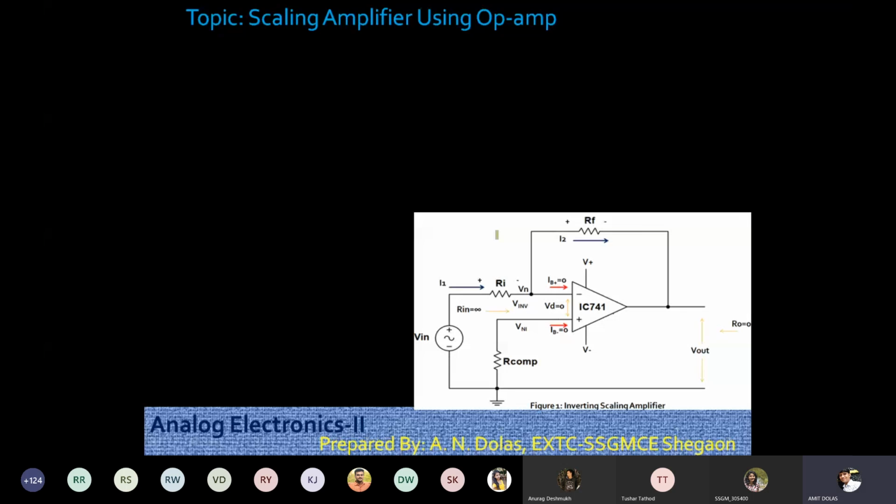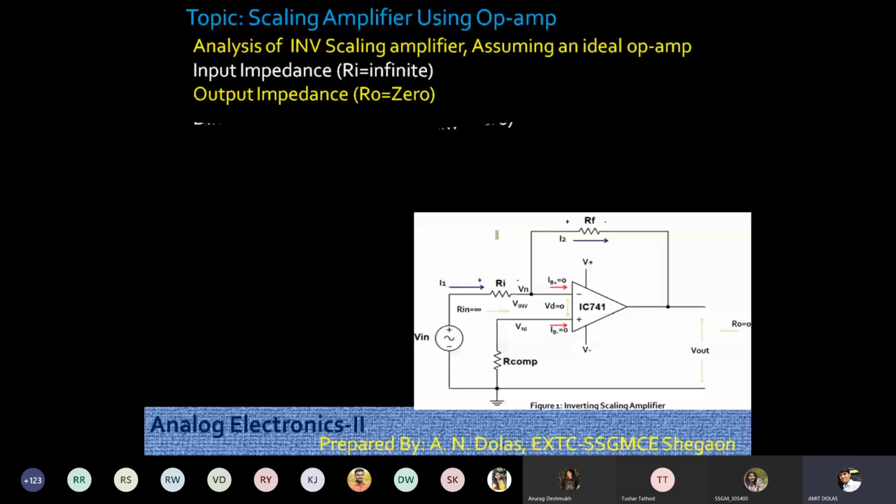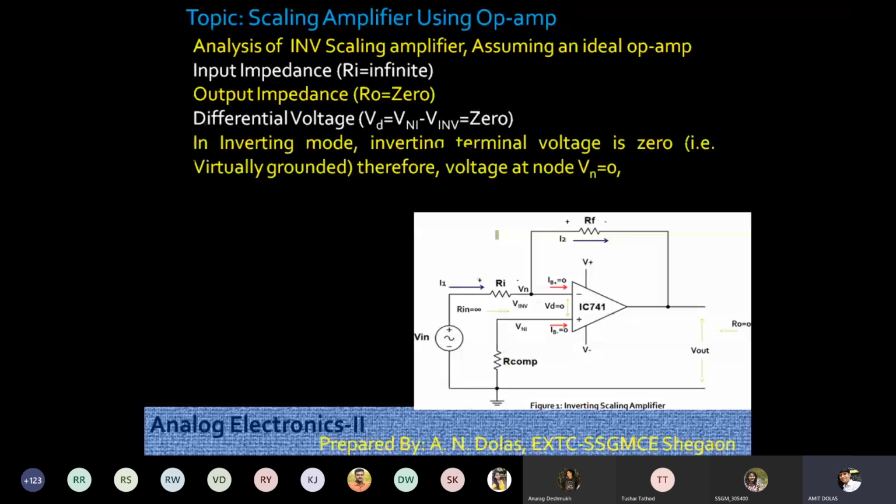So, analysis of the inverting scaling amplifier. Of course, we have to assume an ideal op amp. So all the characteristics you remember: input impedance infinite, output impedance 0, differential voltage 0. In inverting mode, the inverting terminal is at 0 potential.